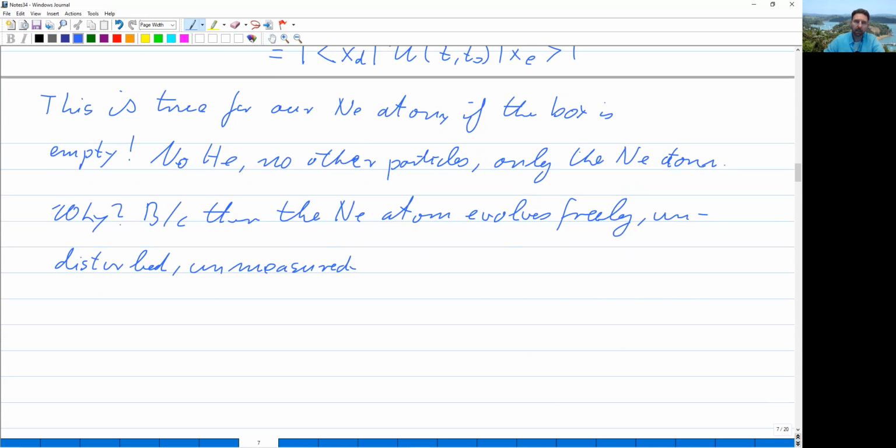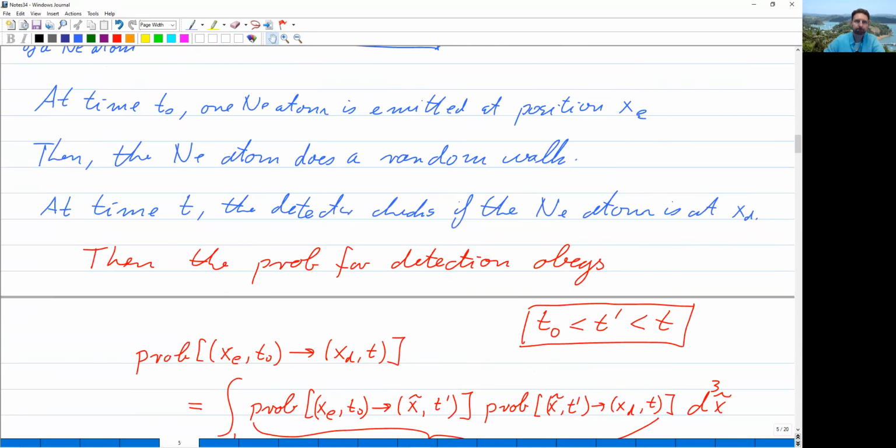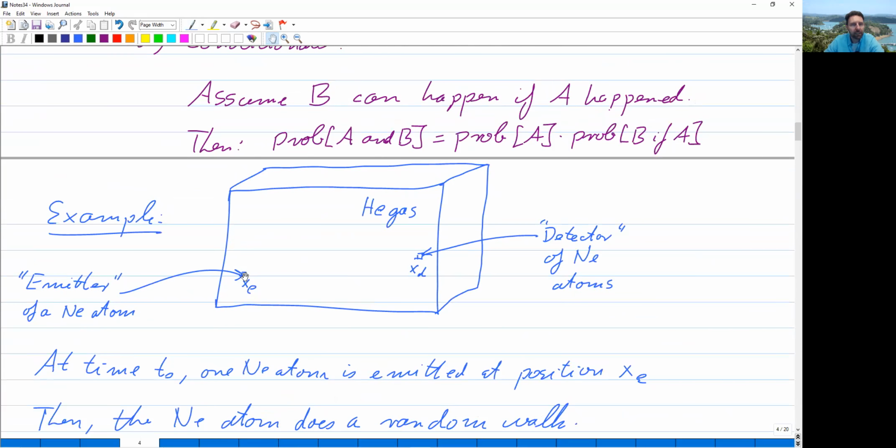Now, so what's the situation now? Now we have again the box from above, and we release a neon atom here, but we do not release it into a gas of helium, we just release it. Then what will happen? Well, its wave function is going to spread. This is what quantum mechanical wave functions do.